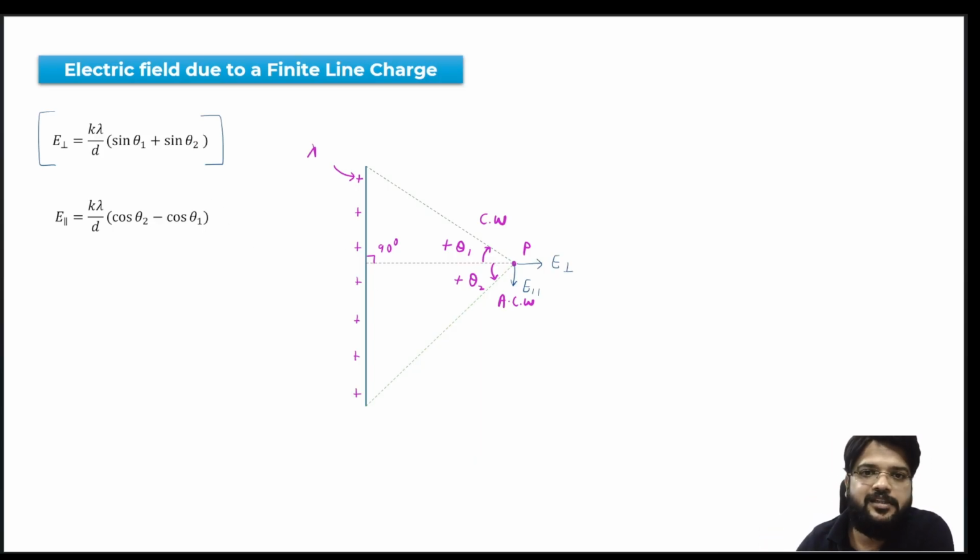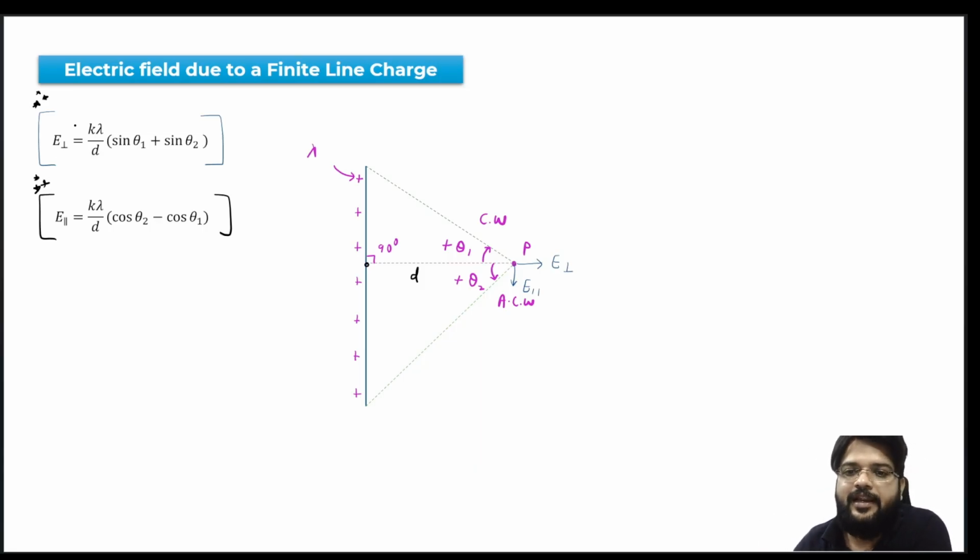D is the perpendicular distance between the rod and the point P. So this is the perpendicular component and this is the parallel component. We need to remember both formulas. Derivation is not required, it is very lengthy also, so we can directly remember the formula.